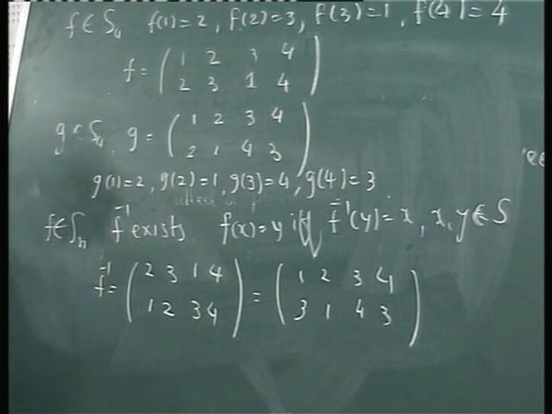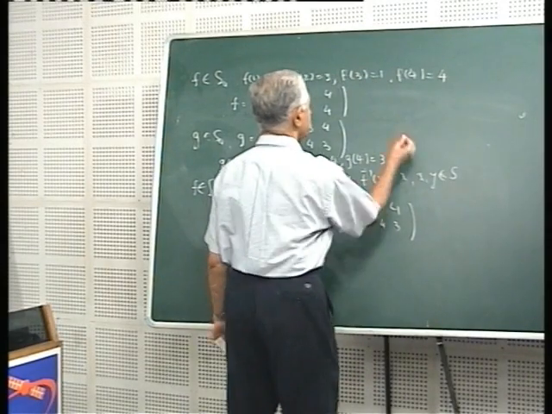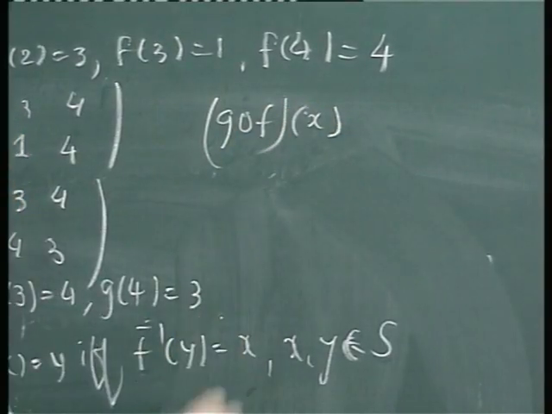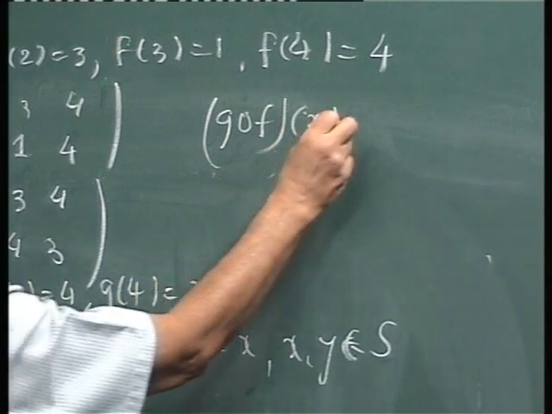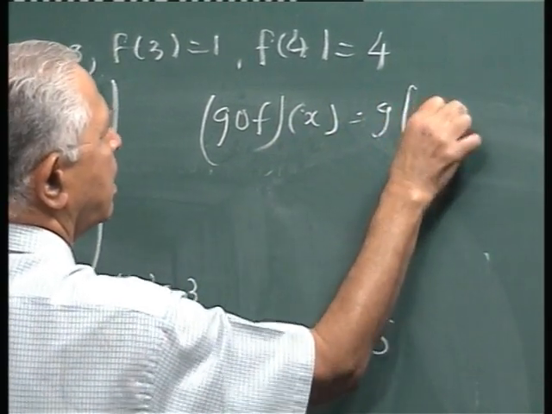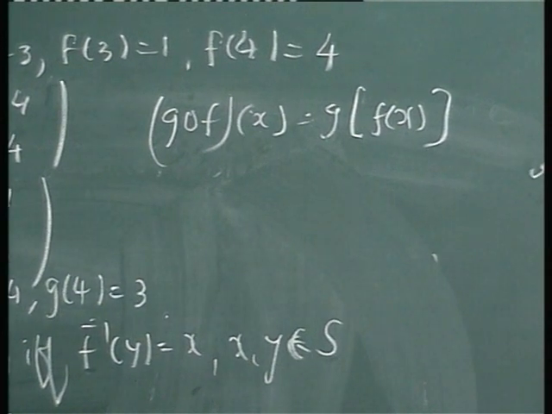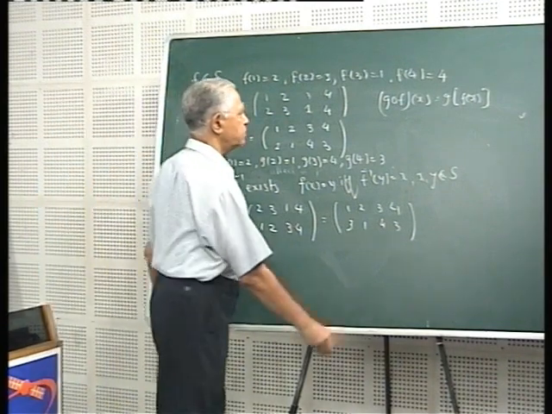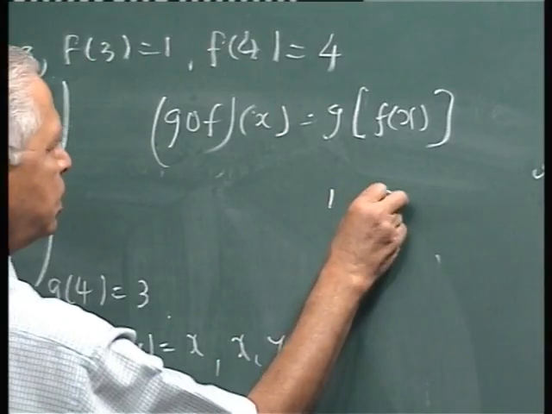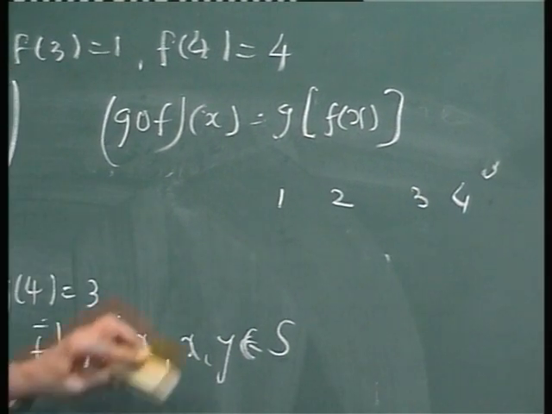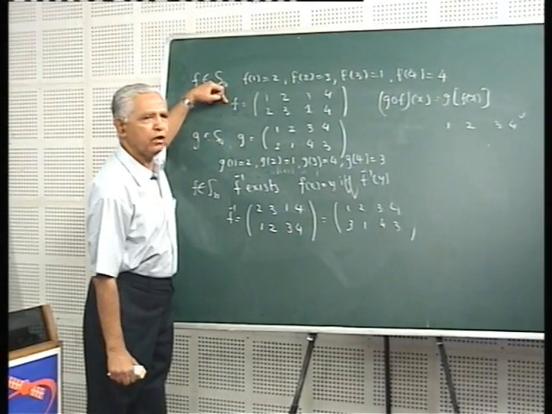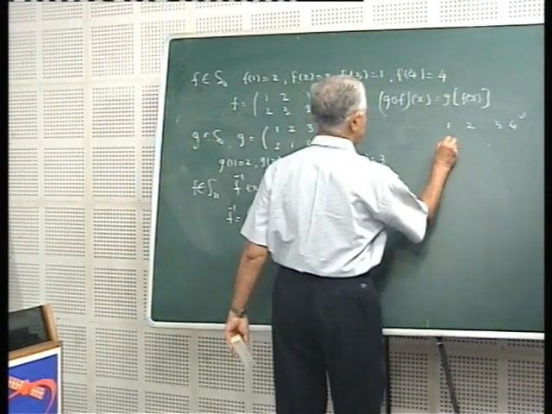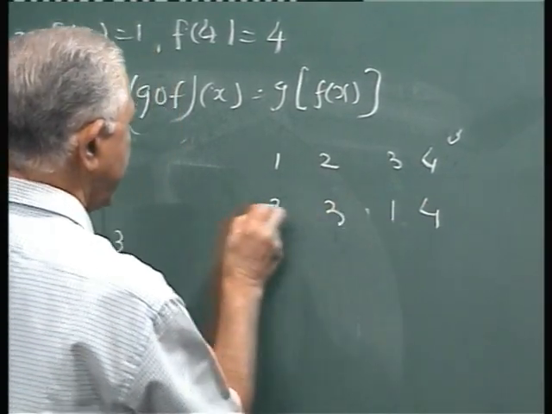In the same way we can find the composition of two mappings. We know our definition that the value of g composition f at any element x is equal to g(f(x)). To obtain the composition g composition f, first we write down the elements, in this case 1, 2, 3 and 4. Now we write down the values of f in the second row below this, and what we get is 2, 3, 1, 4. I write down here f.